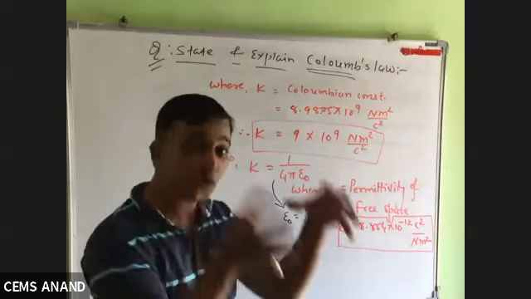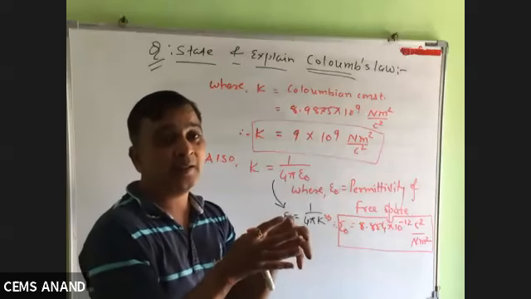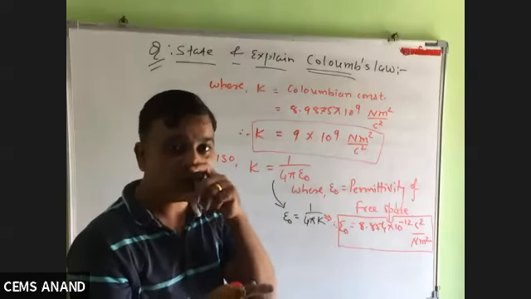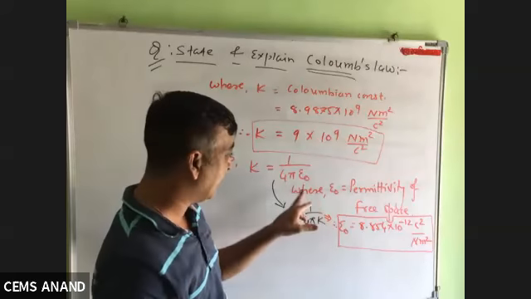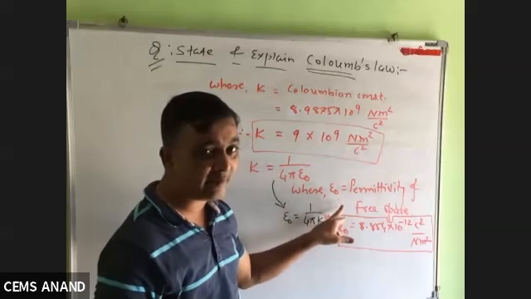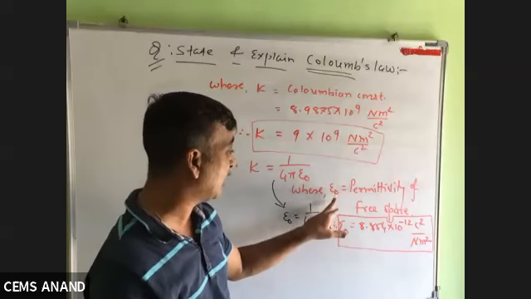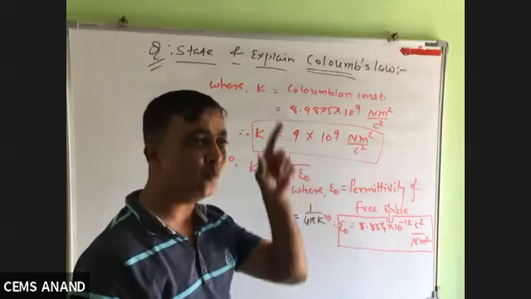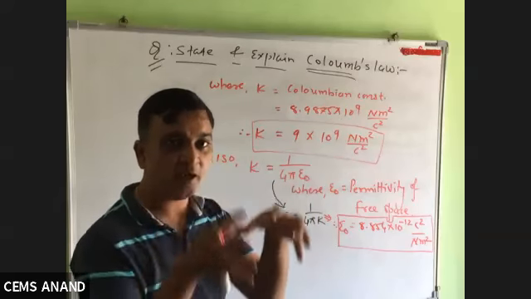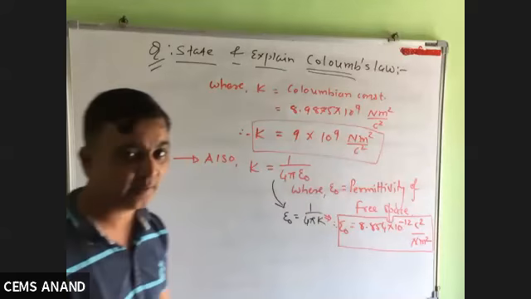Those two charges present in some medium depend on the permittivity of the medium at that time. That means we can write epsilon instead of epsilon 0 whenever the force is generated in a medium, not in free space.